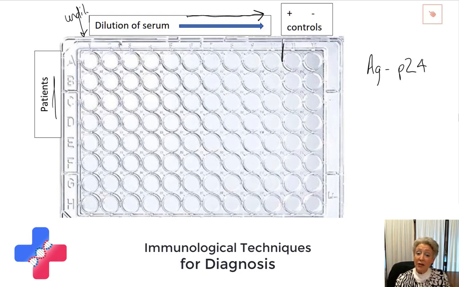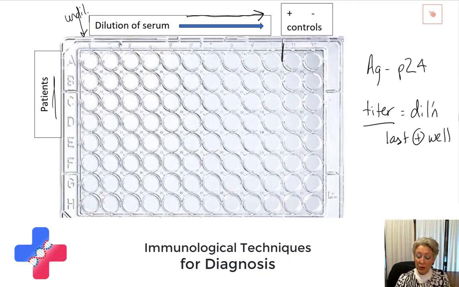And when I find that last well that has a positive result, that is what I call the titer of the antibody. It's the dilution in that well, in the last positive well for a given patient. Now, that was a little bit off of the sequence.